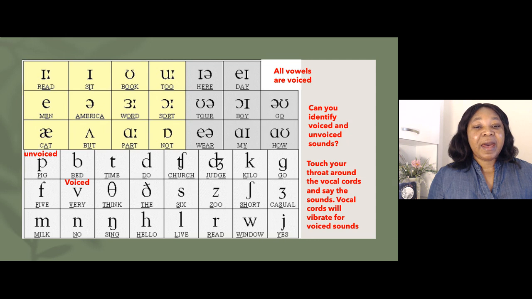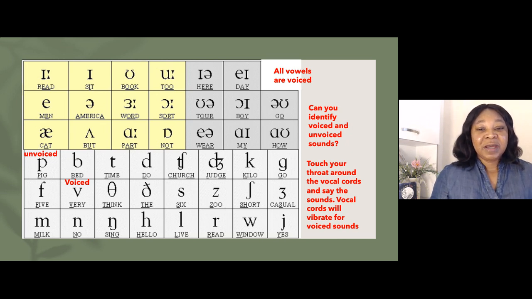Where, air, so you see the schwa showing here. Then my, i to buy something, and ow, how are you? So these are the sounds of English that are called vowels in yellow here and diphthongs in gray. And all vowels are voiced.